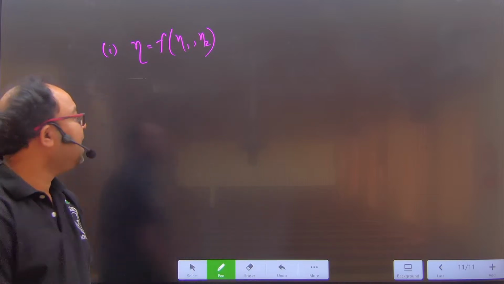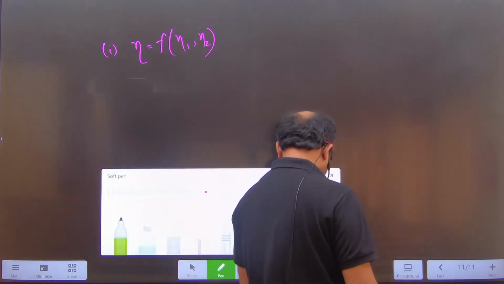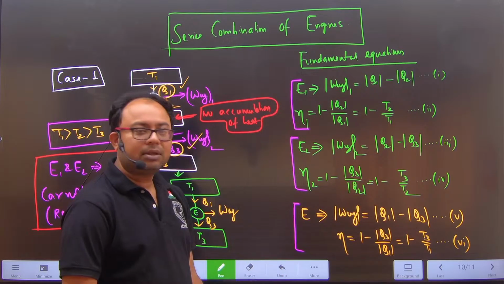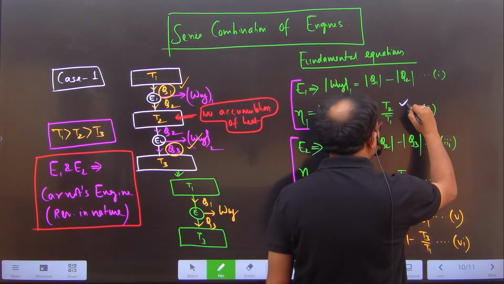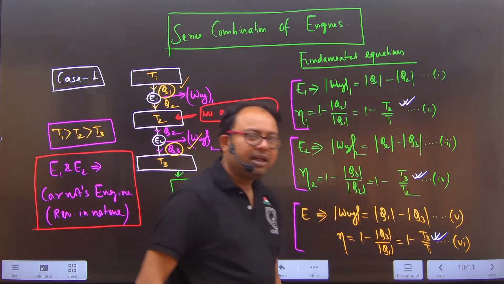So how can we do that? See, it's very simple. Just contemplate these equations. You take equation 2, equation 4, and equation 6. Everything is going to be done.